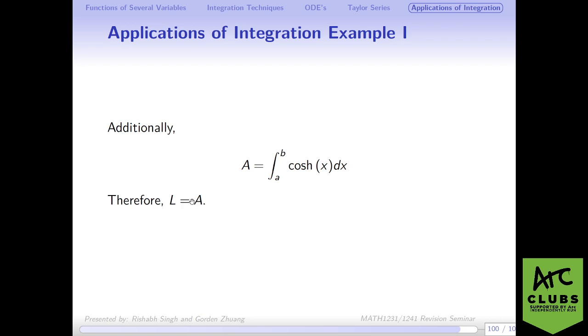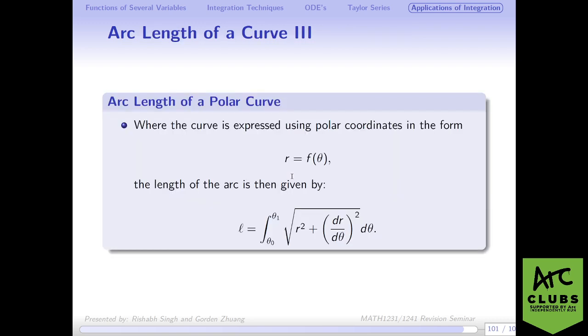And so these two, the arc length is equal to the area. Now if we have it in polar coordinates, then the arc length is just this. Polar coordinates is when we have things in terms of r and theta.